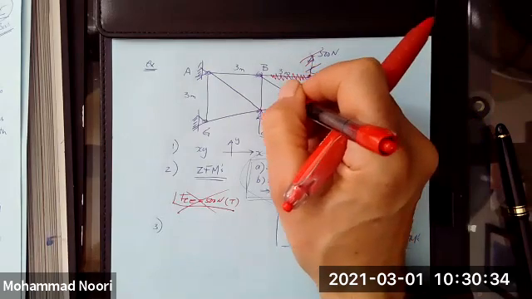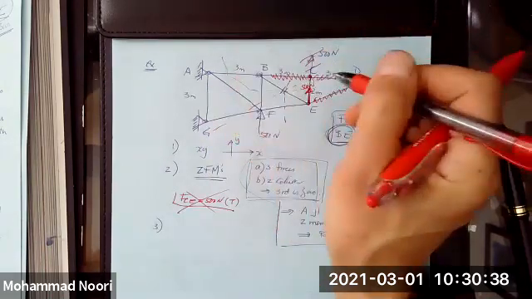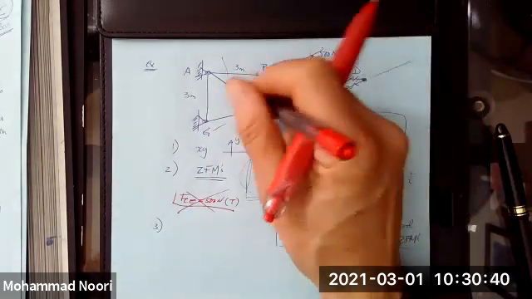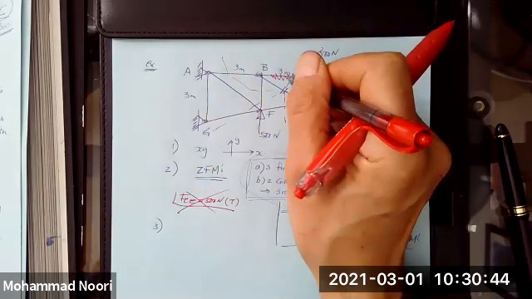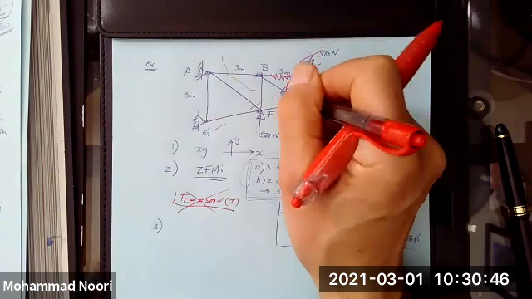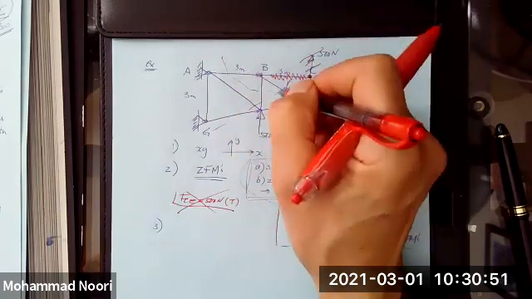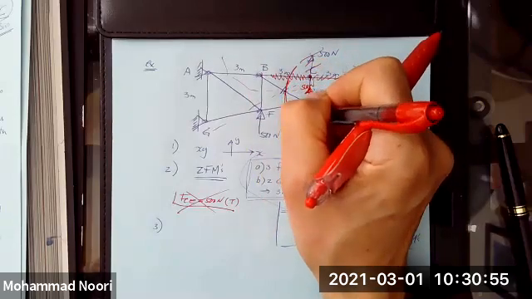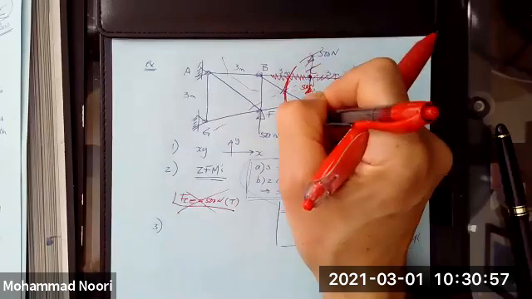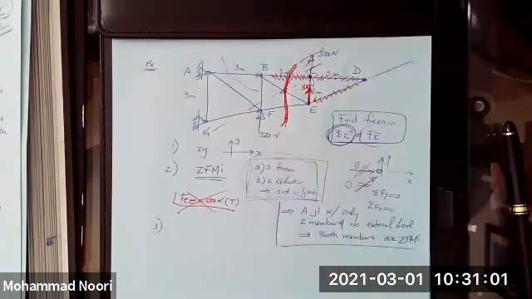You can consider something like this. You can consider something like this. But each of these two cuts would cut more than, this one cuts 2, but this one what? 1, 2, 3, 4. This one, 1, 2, 3. So I will consider the cut that includes that member and as few as possible other members.